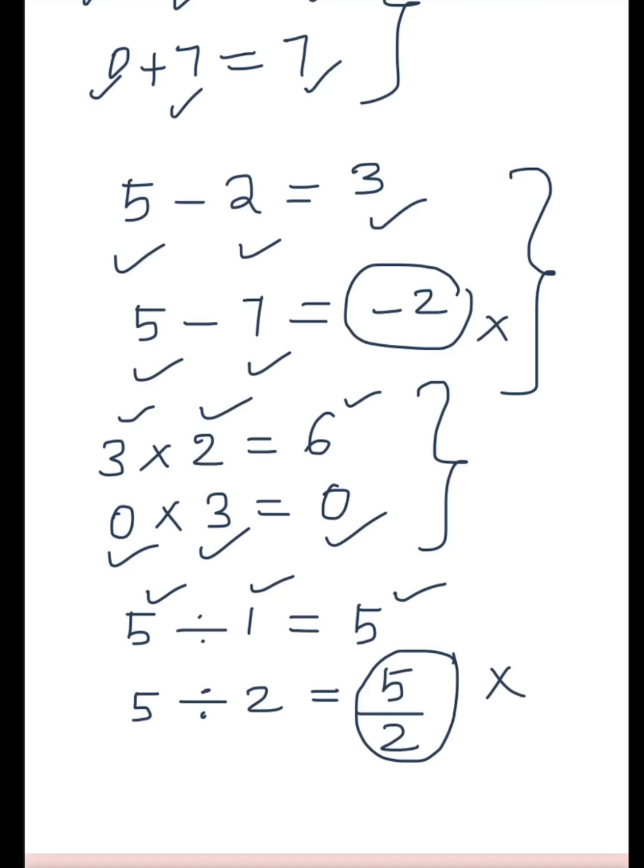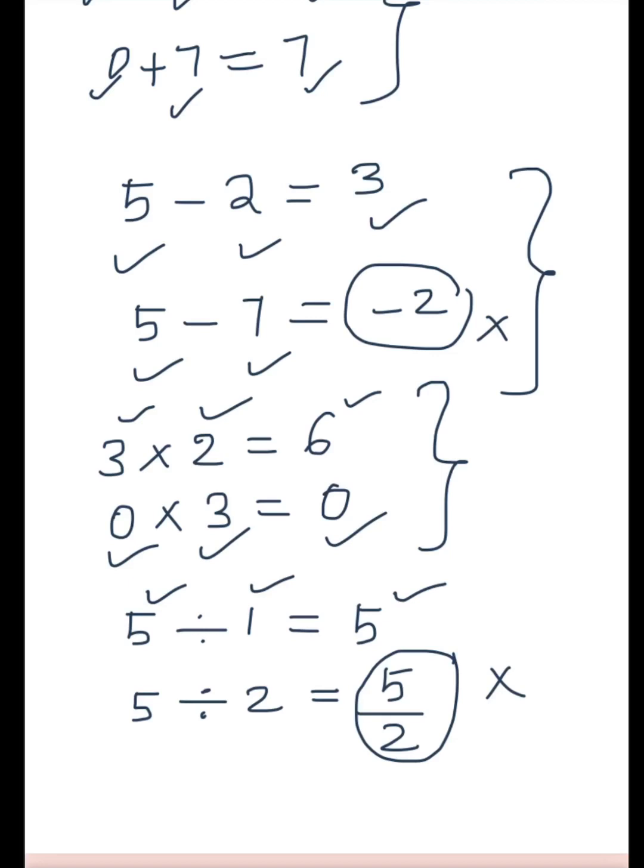The only thing that you have to do is take any two whole numbers, add them at first and see the result. Then subtract them, see the result, multiply them, see the result, divide them, see the result, and you will see that in the case of addition and multiplication, the result will be a whole number itself.